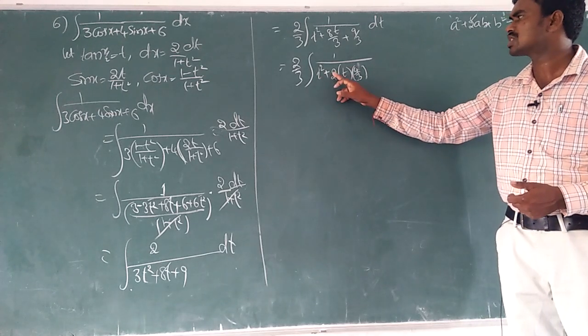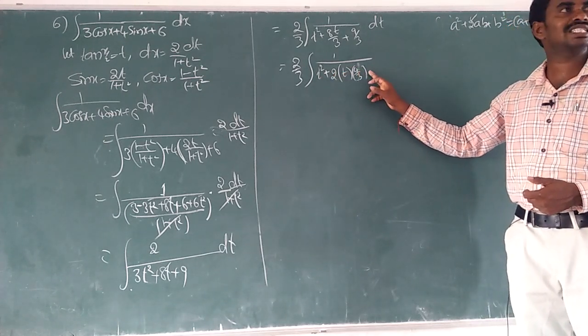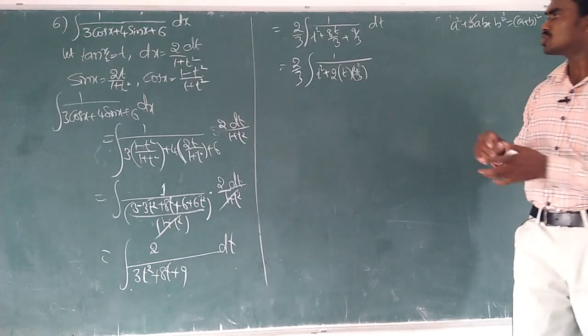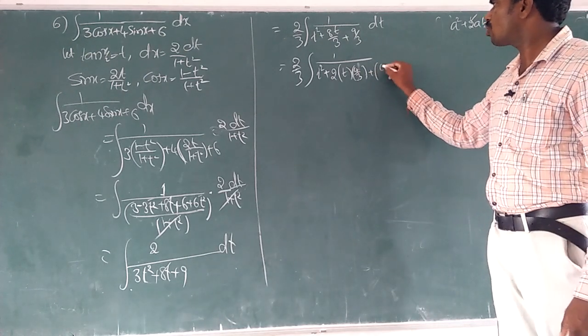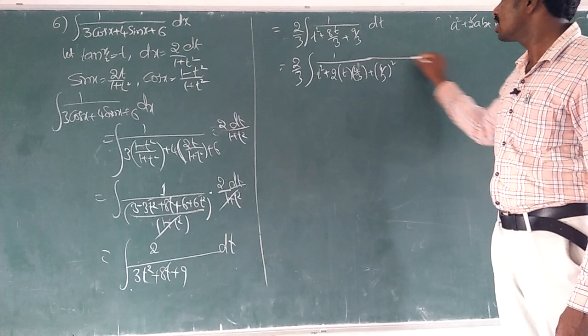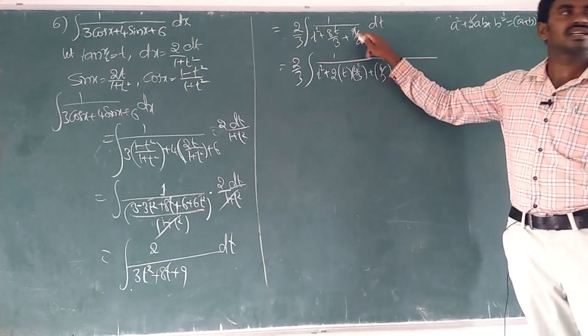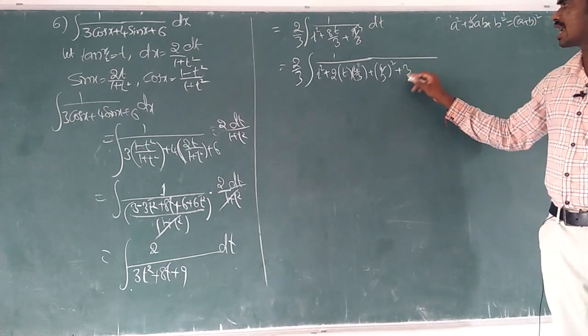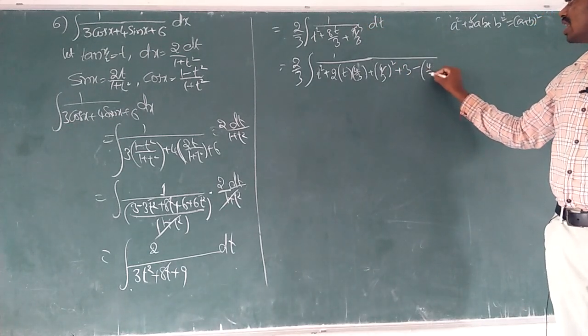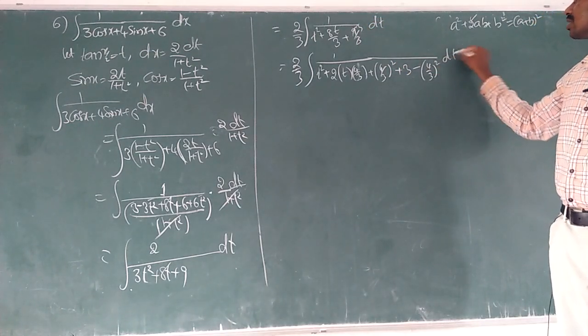So a square plus 2ab plus b square is needed. That's why I am adding plus 4 by 3 whole square, and writing this 3, and minus 4 by 3 whole square I am writing as this.